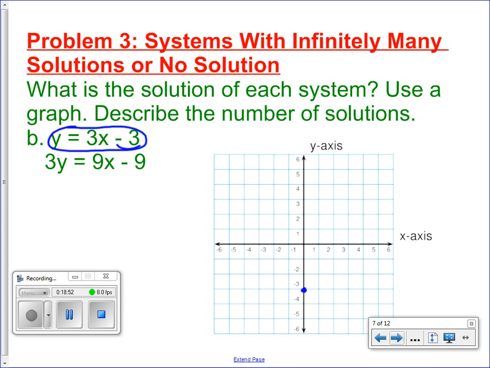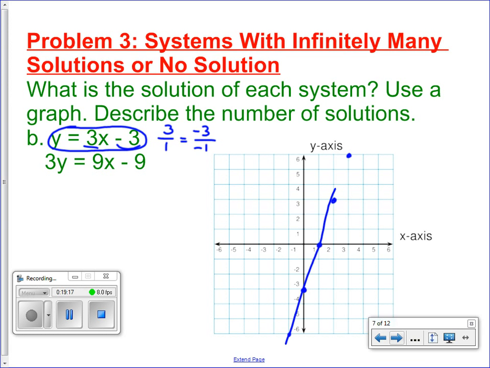And we have a slope of 3, which can be written 3 over 1. So let's go up 3 and over 1. Rise 3, run 1. And I can also go down 3 and left 1 as well.